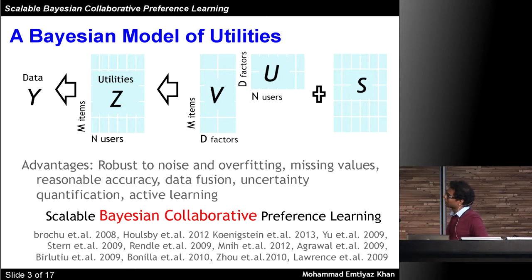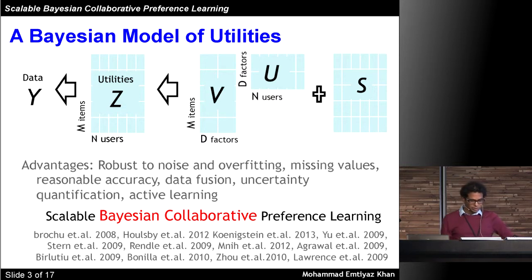Here the low-rank latent factor model, as people call it, uses a product of two low-rank matrices to model the utilities. The utilities are denoted by Z here, and D is the latent dimensionality. So this is just like PCA. The regression models are usually just linear regression or Gaussian process regression.